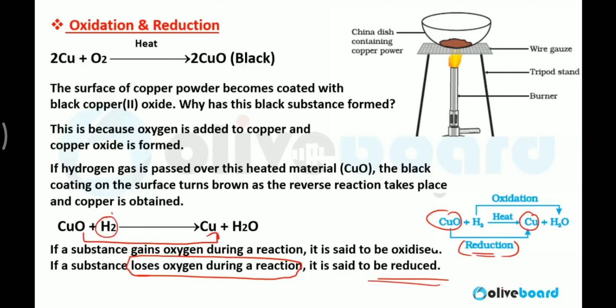Similarly, there is hydrogen gas. Now this hydrogen gas got an oxygen atom and is converted into a water molecule, H2O, which means this hydrogen is oxidized, so this is an oxidation reaction.